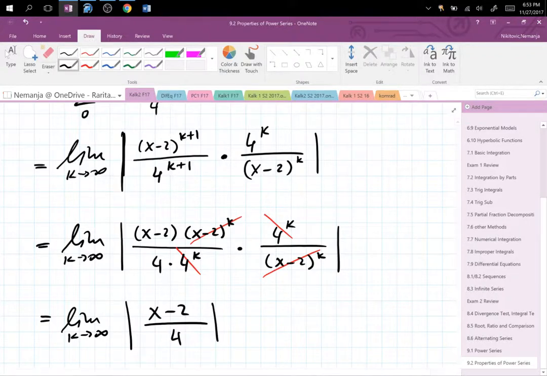There's no k. Very good. So that means that x minus 2 over 4 will be a constant, but it has an x. So we are left with x minus 2 over 4 in absolute value.